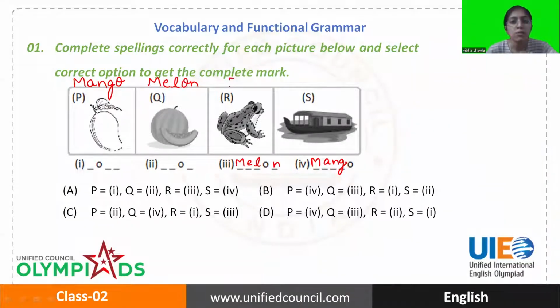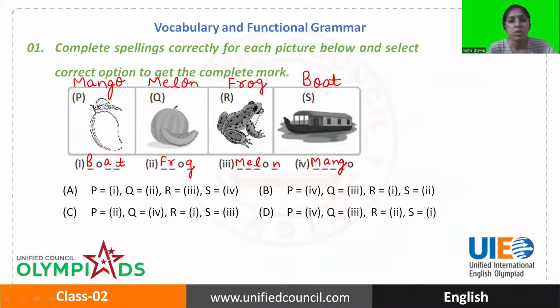Thereafter, we have a frog, which I can fill in this, F-R-O-G. And then in S, we have a boat, which I can fill here, B-O-A-T. You see how I filled or completed the spelling? Yes, accordingly. I have checked the given letters and then filled accordingly the given spelling.